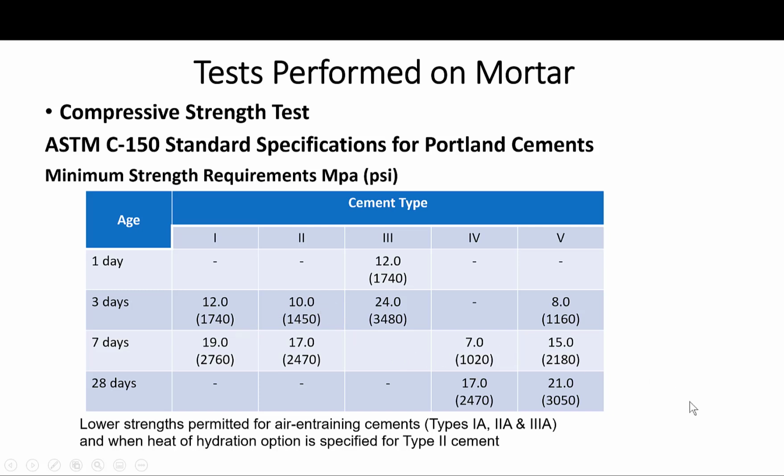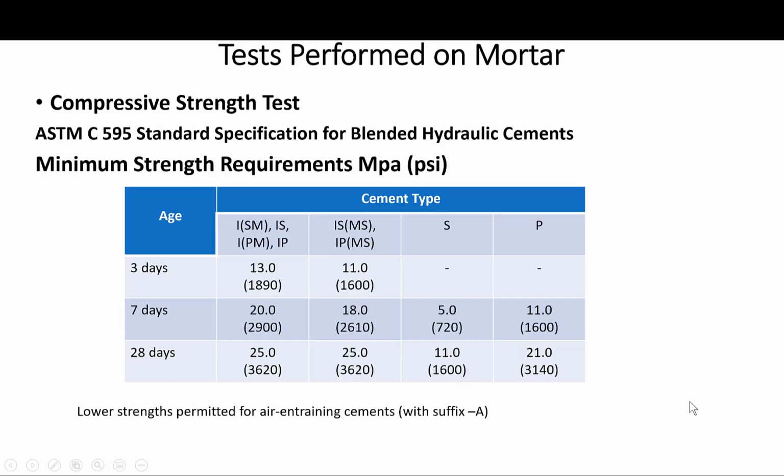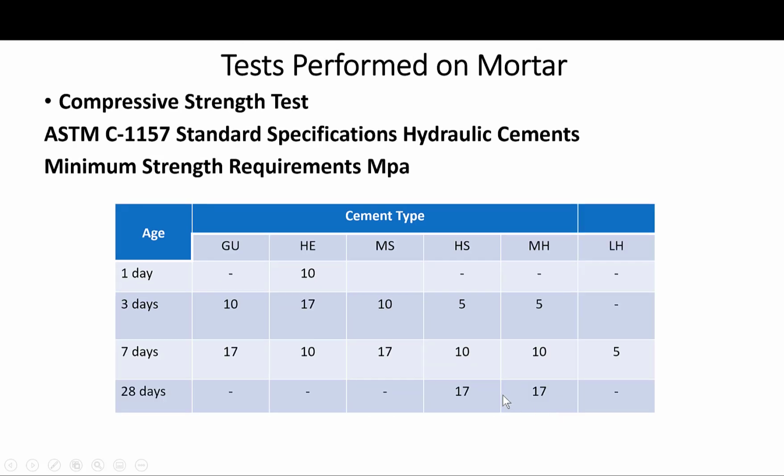Okay. This is for the blended cements, ASTM C595, the various types and various ages. And this is for the hydraulic cements, ASTM C1157.